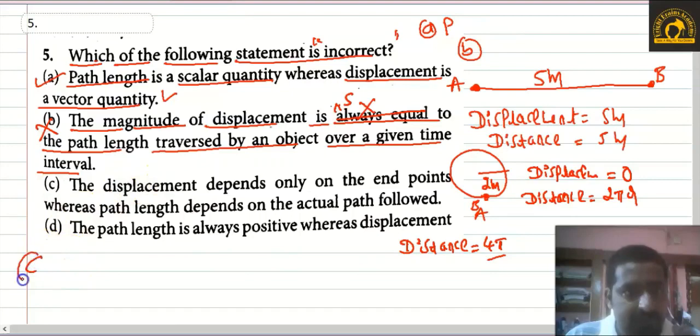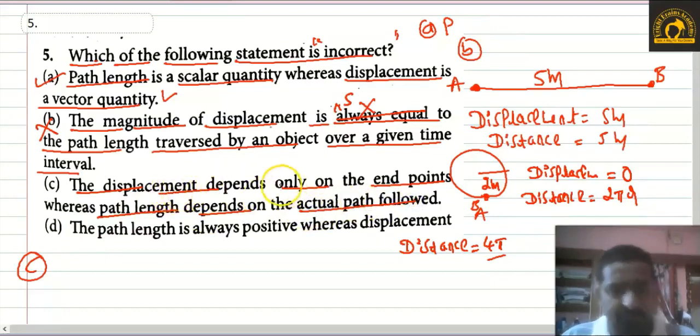Option C. The displacement depends only on the end points, whereas path length depends upon the actual length. Correct. The displacement depends completely upon the end points, and path length is how much is actually covered. This statement is correct.